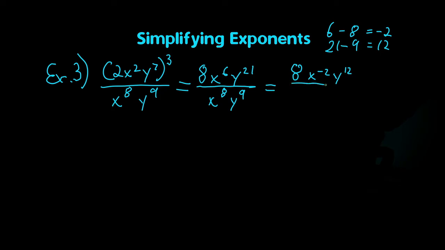But because we don't want to have a negative exponent, we bring down the x to the negative 2nd power to the denominator, which actually makes it a positive exponent. So our final answer is 8 times y to the 12th power over x squared.